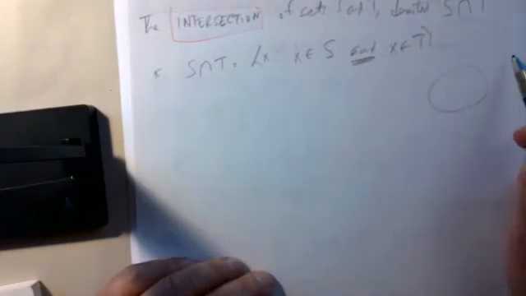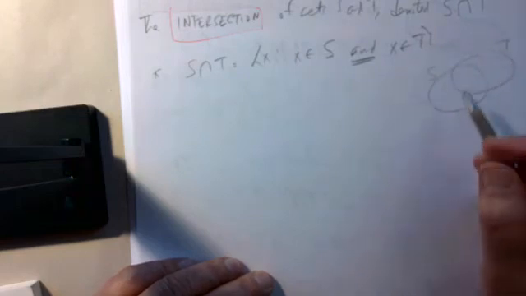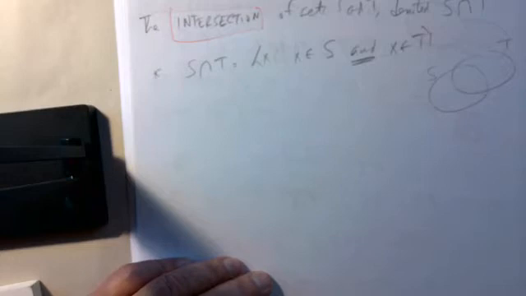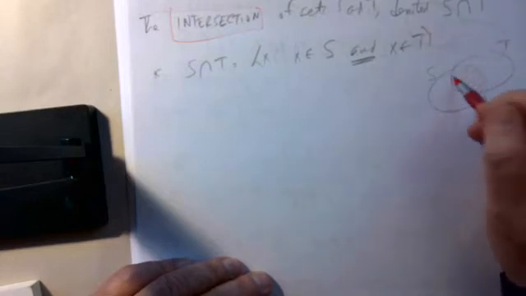If you wanted to draw a picture, this is the set S and this is the set T. The elements that are in both S and T are these.